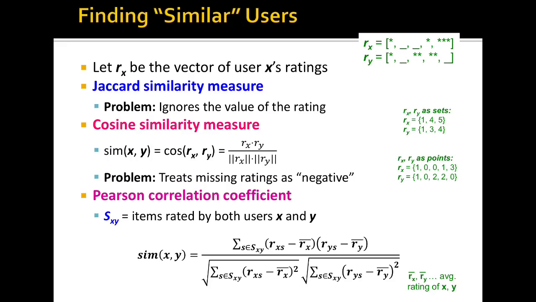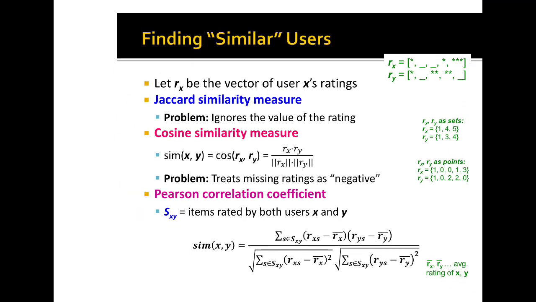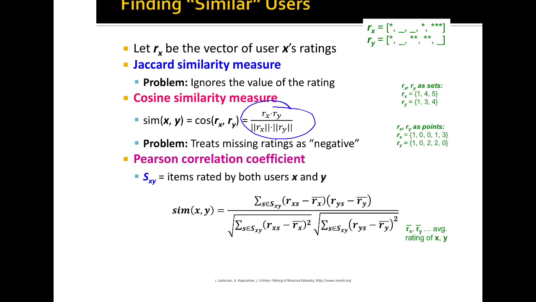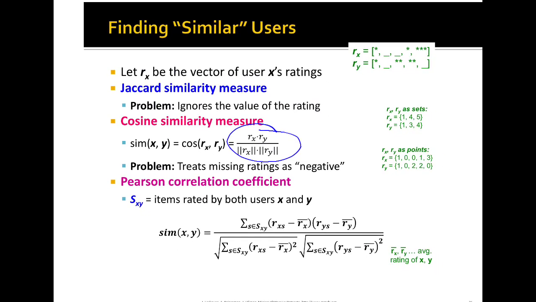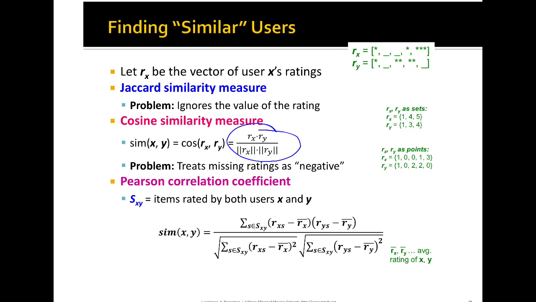So one of the measures is the cosine similarity measure, which is basically the correlation, essentially Pearson correlation, or the cosine similarity measure. And using this you can find users with high similarity.